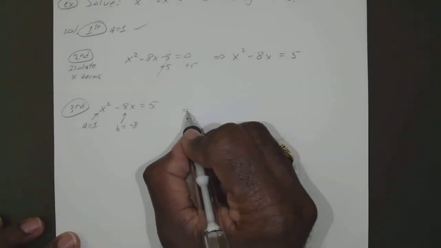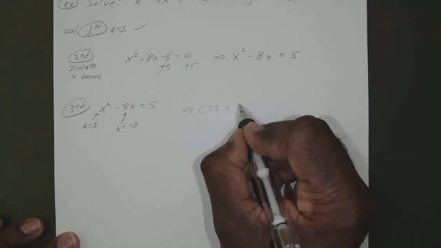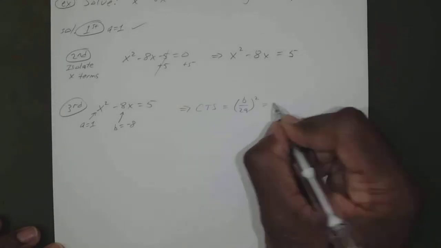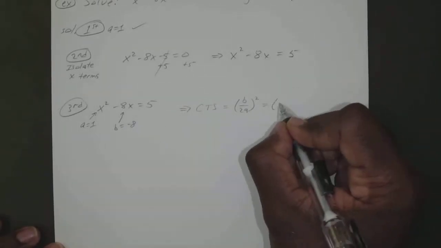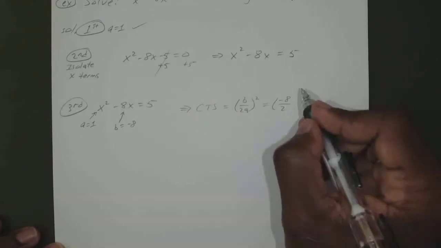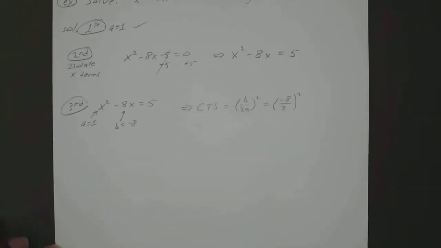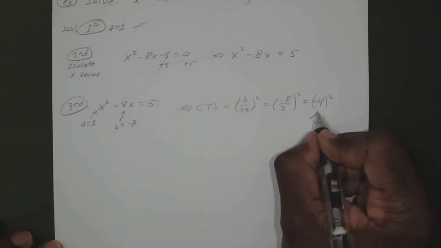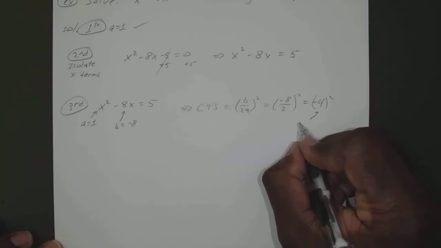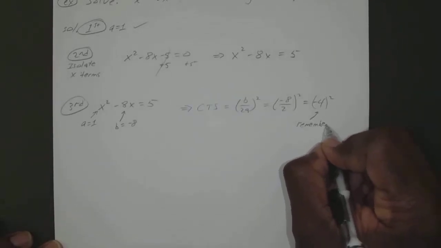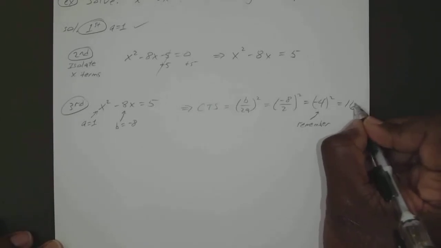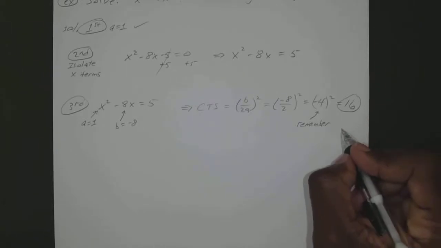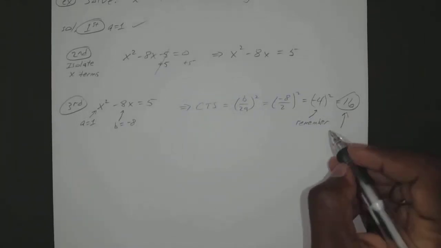So your completing the square value, which is b divided by 2a squared, is equal to -8 divided by 2 times 1, which is 2 squared, which is -4 squared. And remember, before you apply that squared, you want to remember that value, which is 16. Okay. So for this, you want to add that to both sides.